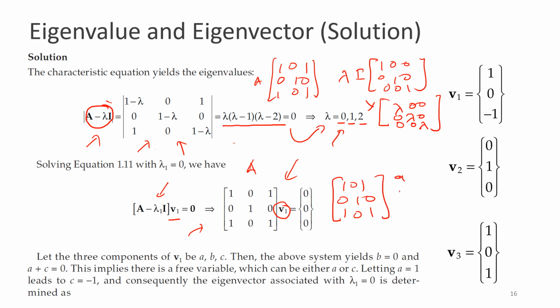Let's say this one will be a, b, and c, and the result is 0 0 0.